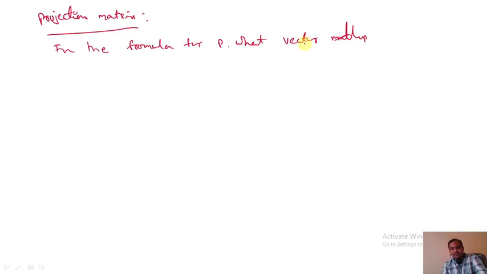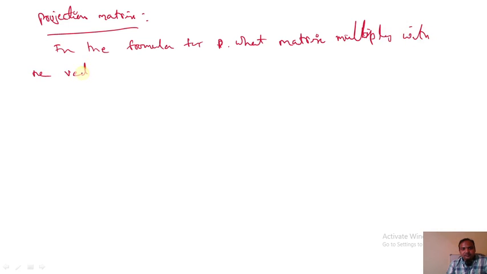In the formula of small p, what matrix do we require to multiply with the vector v?